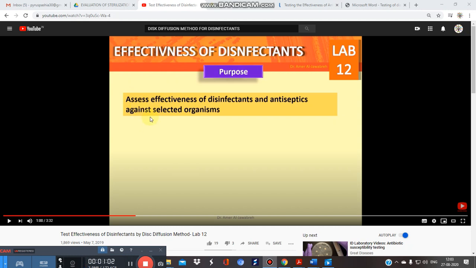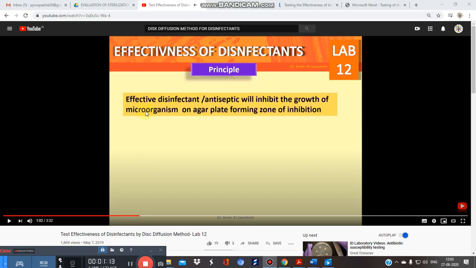So this method, that is the disc diffusion method, is used to assess the effectiveness of disinfectants and antiseptics against the selected organisms. And the principle involved is that the particular disinfectant or antiseptic that you have evaluated will inhibit the growth of microorganisms on the agar plate, and it will form a zone of inhibition.